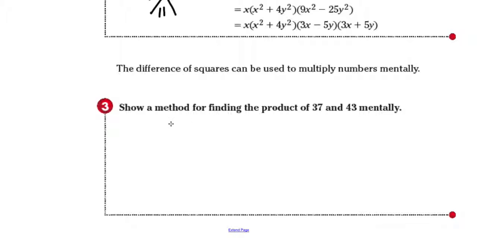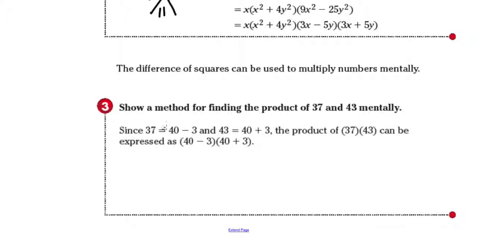So this is pretty simple. Since 37 is equal to 40 minus 3 and 43 is 40 plus 3, we can actually use the difference of squares to solve this mentally. If you recognize the product of 37 and 43, we simply do the quantity 40 minus 3 times the quantity 40 plus 3, and what we know about the difference of squares is we simply square 40, then subtract the square of 3.